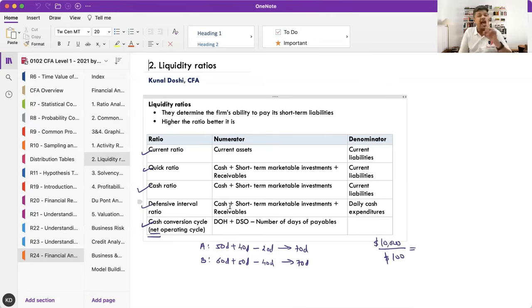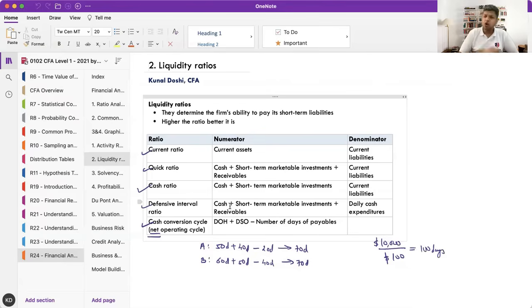So average daily expenses 100. And how much cash do I have? 10,000. So how many days of expenses I can cover is called defense interval ratio.